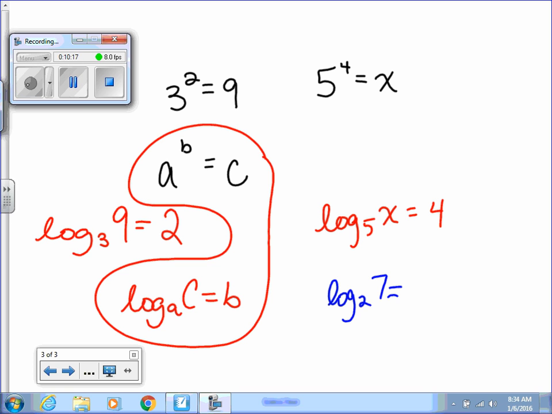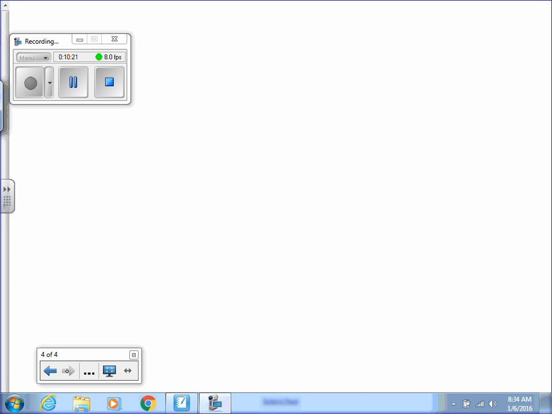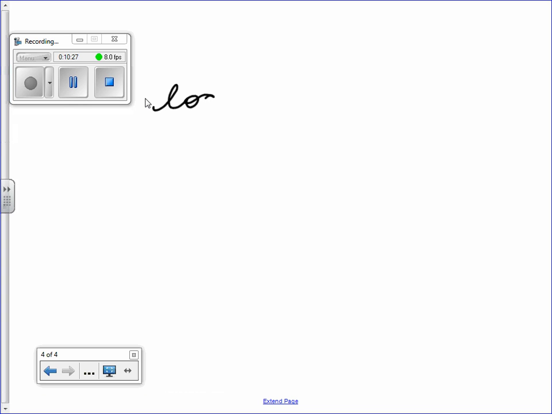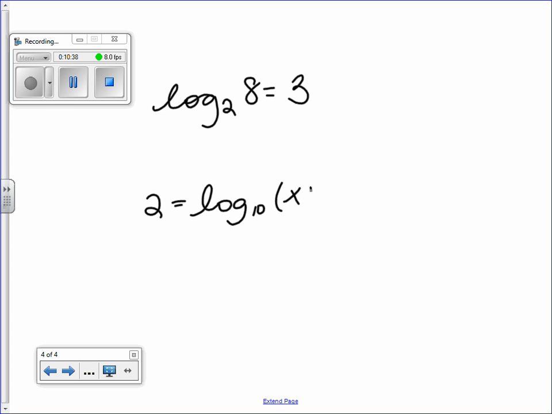So we went from an exponent to a logarithm. Now let's go back from a logarithm to an exponent. Let me give you some logarithms, and I want you to write them in their exponential form. Let's say log base 2 of 8 is 3. Then 2 equals log base 10 of x plus 5.